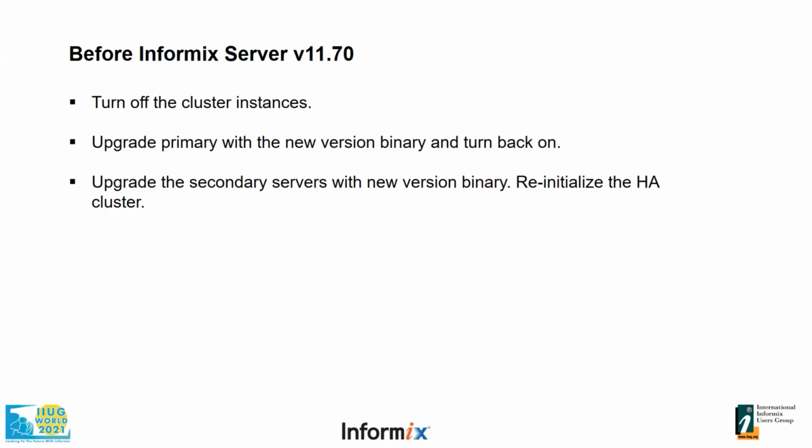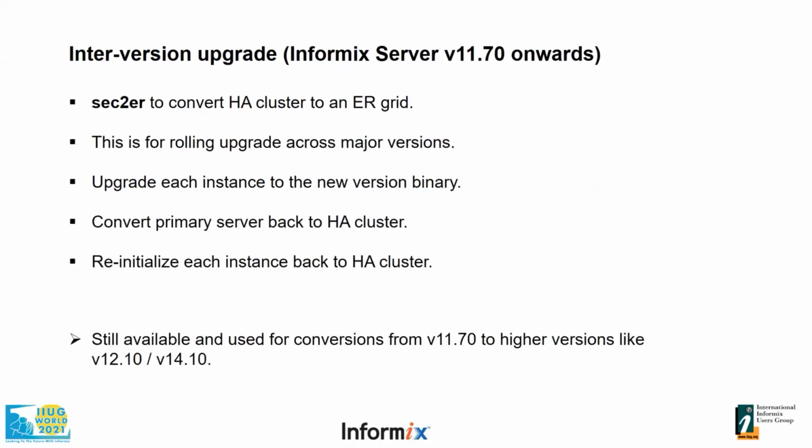So after this, moving on, from Informix Server 11.70 onwards, we introduced something called Interversion Upgrade. So interversion is when you upgrade between major versions like 11.70 to 12.10 or to 14.10. Okay. So even in this process, you had to reinitialize all your secondaries, but this was comparatively better compared to what was there before.